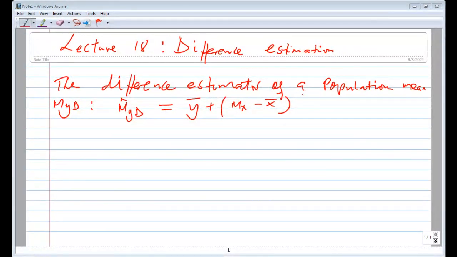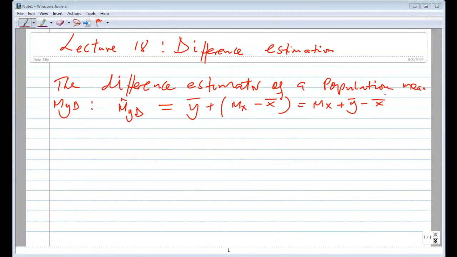So this can also be written as mu x plus y bar minus x bar, isn't it? We just change the position.